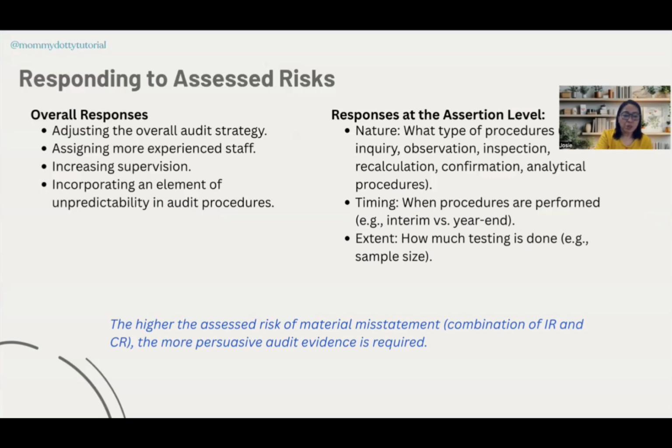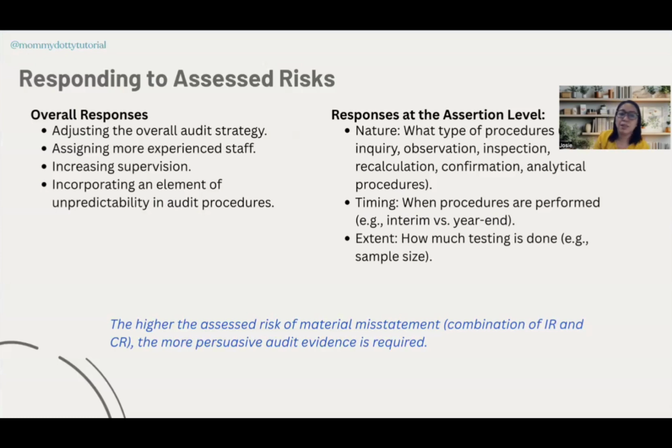Timing, so when procedures are performed, interim or year-end. And the extent, how much testing is actually done. Example, the sample size. For example, in a sample of 1,000 invoices, are we going to check 50% of the invoices? Or are you going to check 30%, 20%, or only 10% of the invoices?